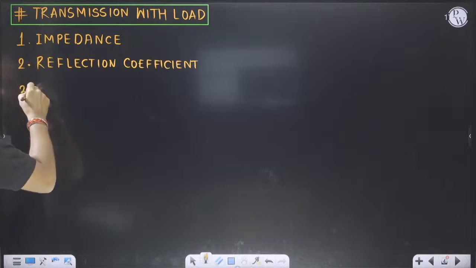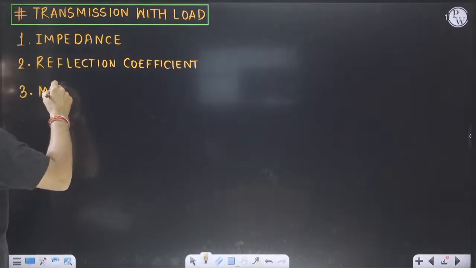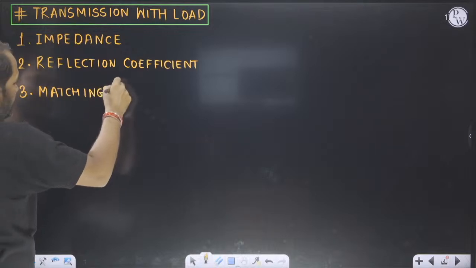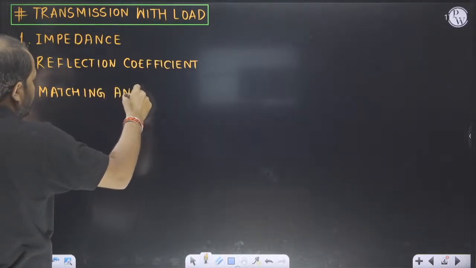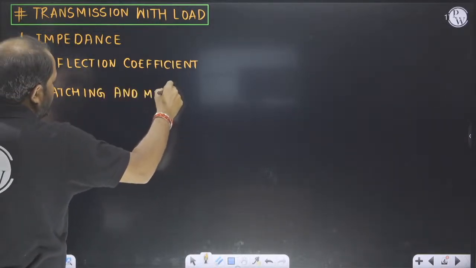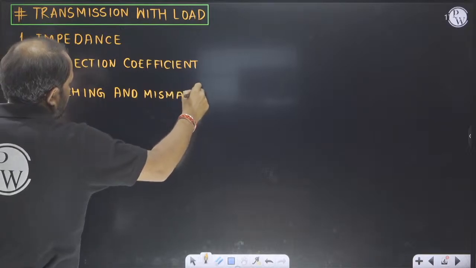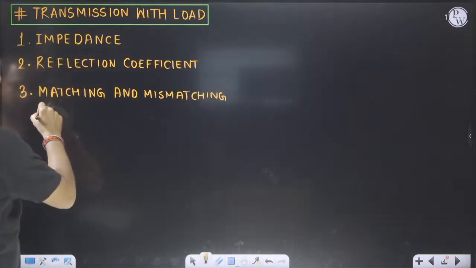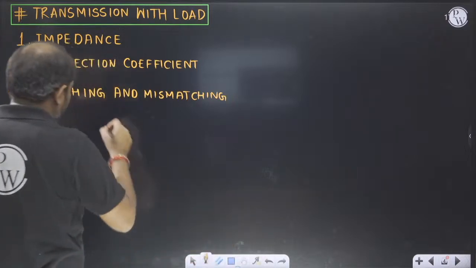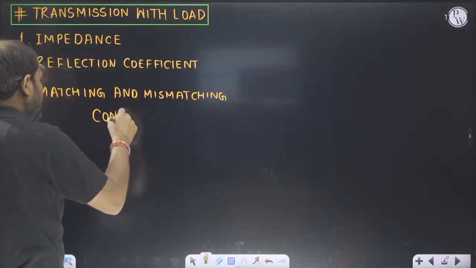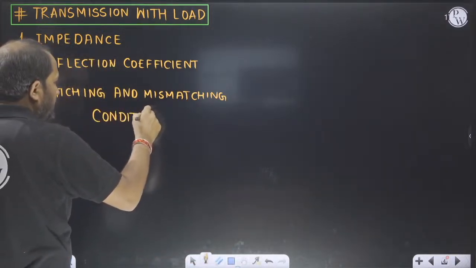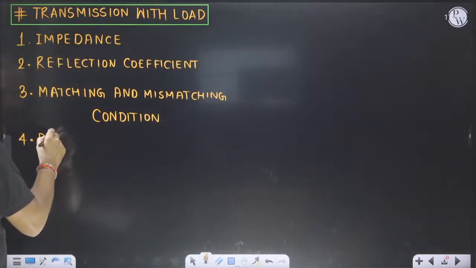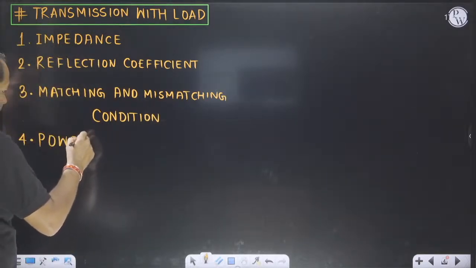Third thing is matching and mismatching condition. And fourth thing is power in transmission line.